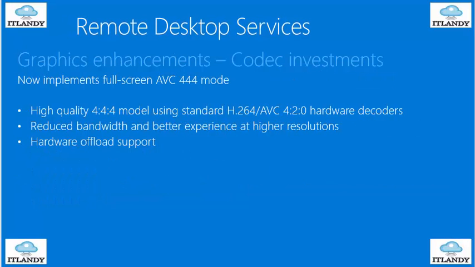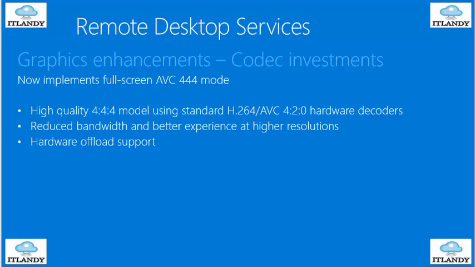Other graphic enhancements: codec investment now implements full screen AVC 444 mode, high quality 444 mode using a standard H.264 AVC 420 hardware decoder, which reduces bandwidth and gives a better experience at higher resolution. Also hardware offload support.